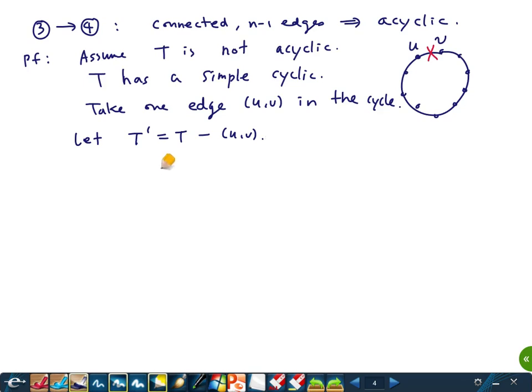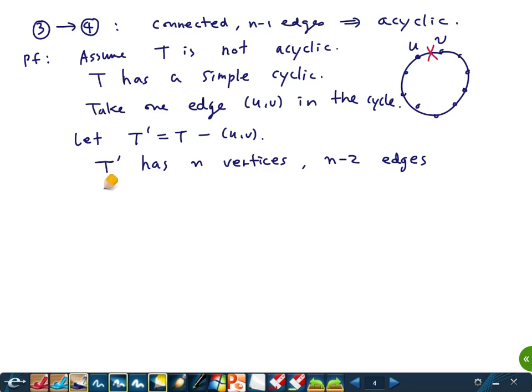Then what happens? T prime has how many vertices? The same number of vertices, so n vertices. And how many edges are there? Initially, it had n minus 1 edges, but we removed one edge, so it has n minus 2 edges. But is T prime still connected?